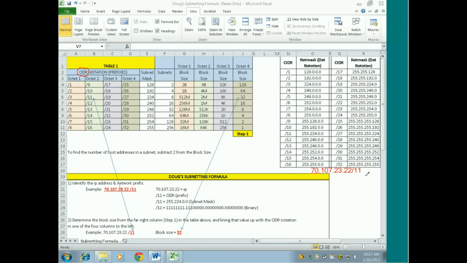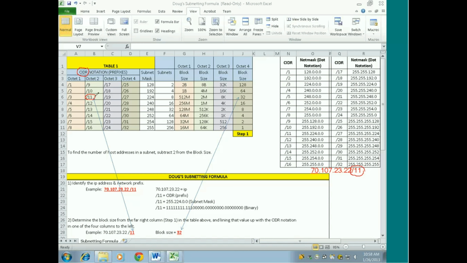How many ones are on for this IP? From left to right? 11, right? So 8 in the first octet and 3 in the second octet. True? Taking this number 11, I find that in my chart.